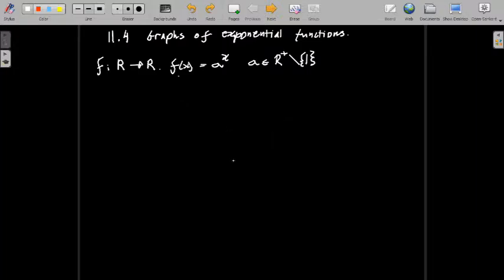Okay, so they provide mathematical models, especially for exponential growth and exponential decay, situations such as population increase and radioactive decay, as a couple of examples.